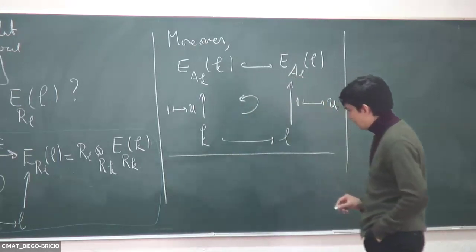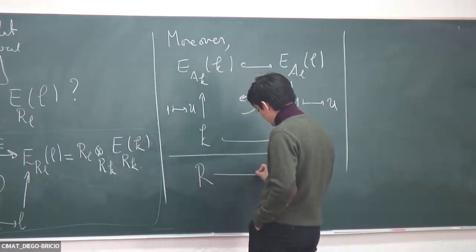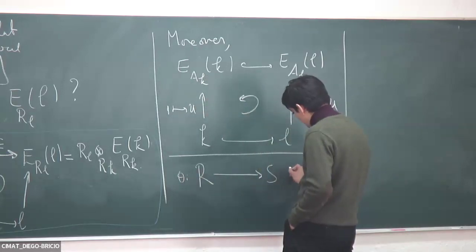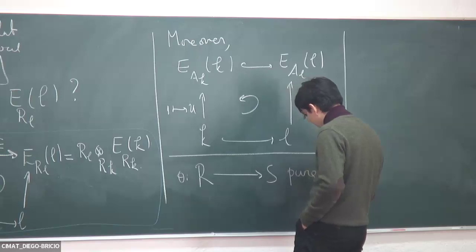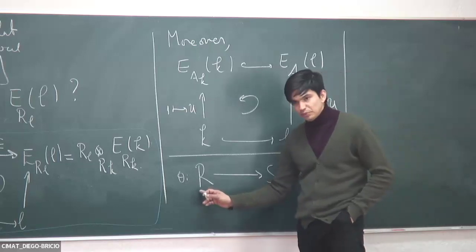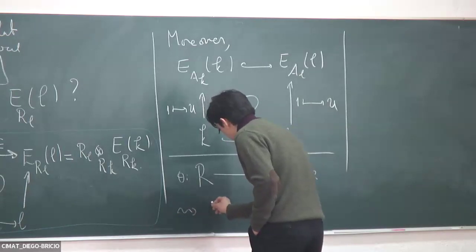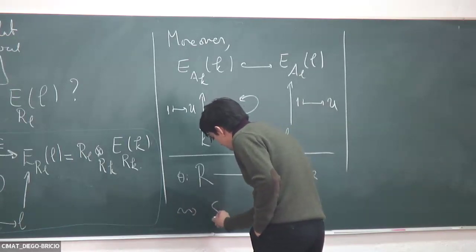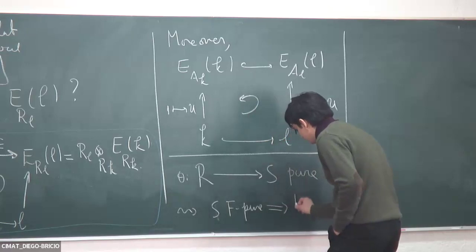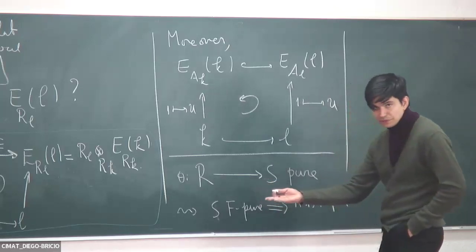The other day, real quick, we mentioned as an exercise that if you have an algebra theta, R to S, and this algebra is pure, then the impurity of S is going to descend to the impurity of R. So if S is impure, then so is R. And this is important because, for example, this is going to give you a whole bunch of examples of impurity.